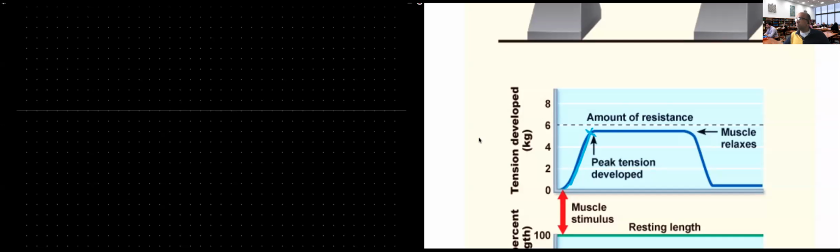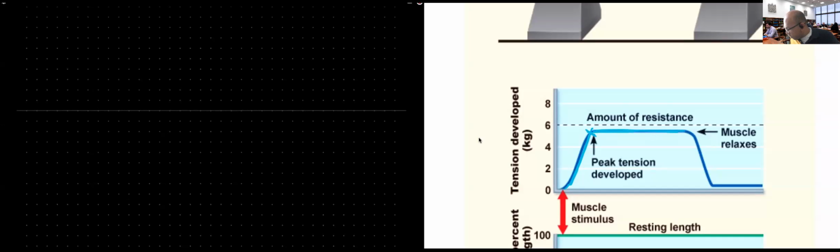You're going to start contracting, increasing the tension. So the tension is going up until where? Until I reach the maximal tension that I can possibly create within my muscle. This is the maximal tension I'm creating, and this is the level I cannot exceed here.